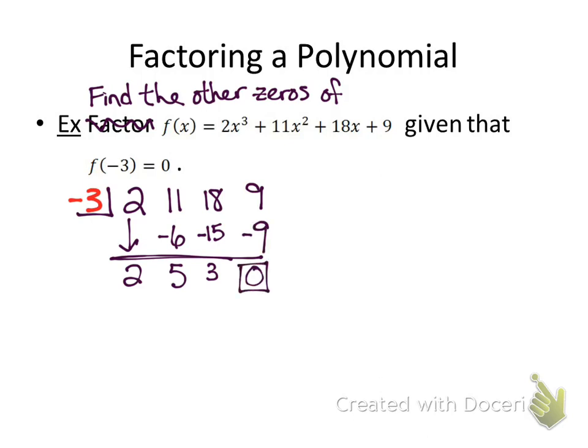We got a 0 as the remainder, and now we're going to be able to find the other zeros. But the way we're going to find the other zeros is recognizing that now I can rewrite this polynomial. This polynomial has a factor of x minus -3.